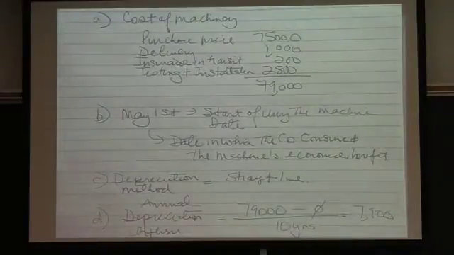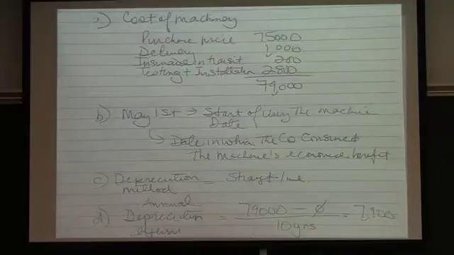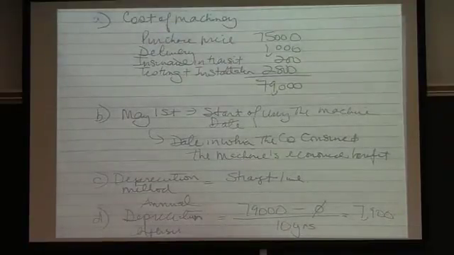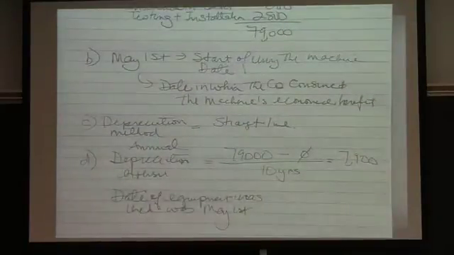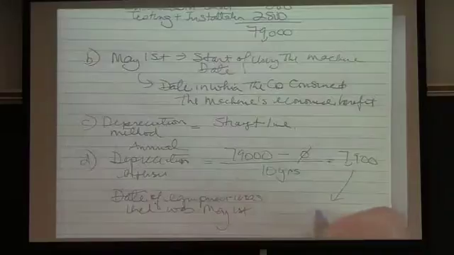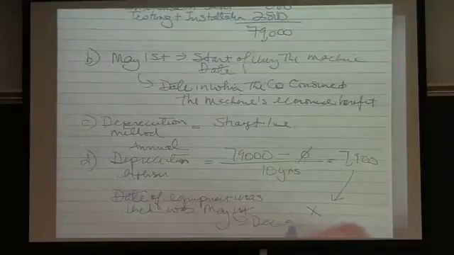But the date when the equipment was used was May 1st, so we need to prorate. We need to multiply from the date of use, so May to December is 8 months.